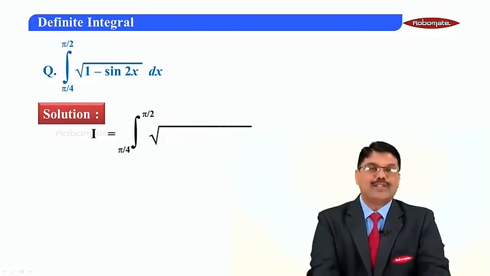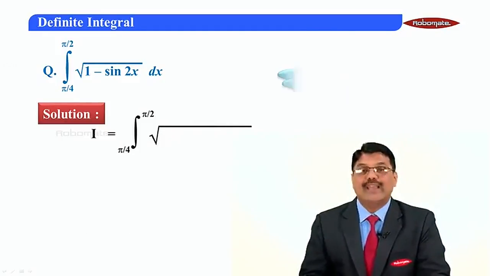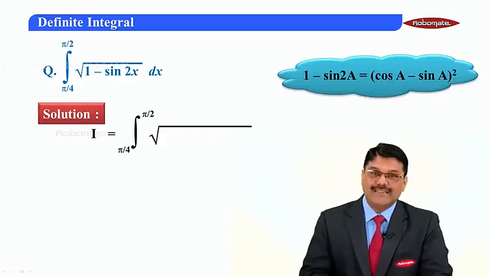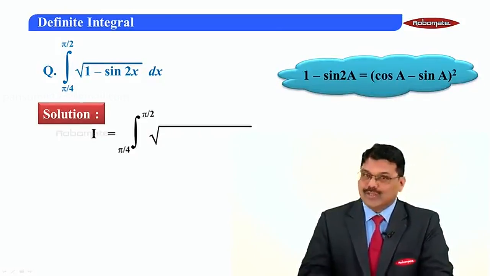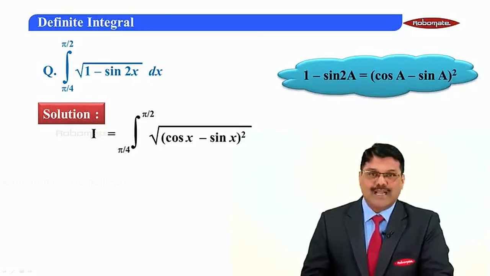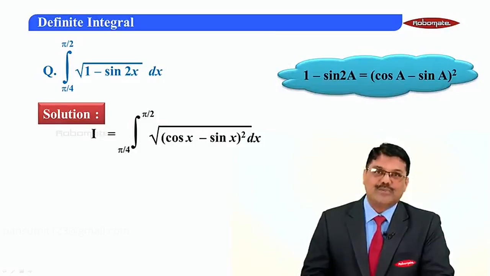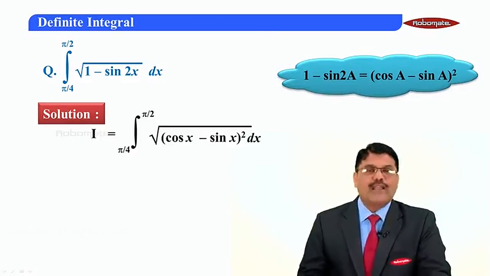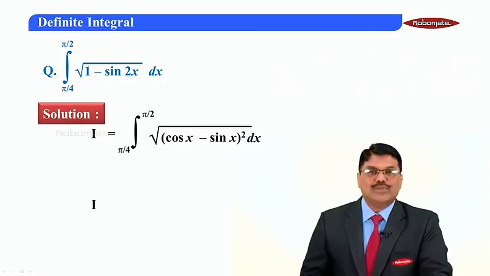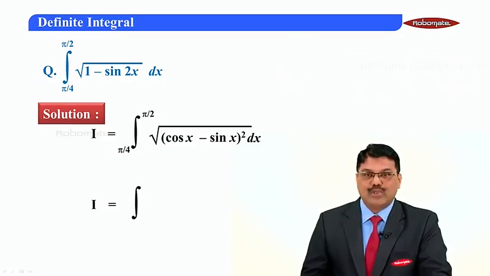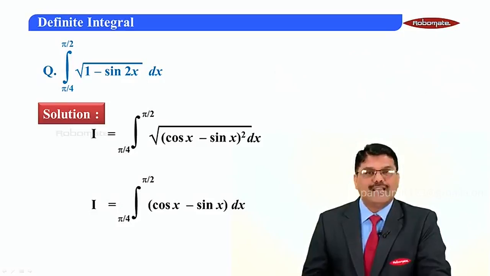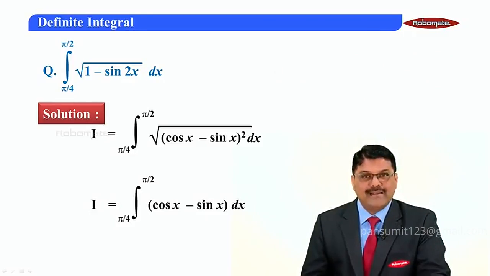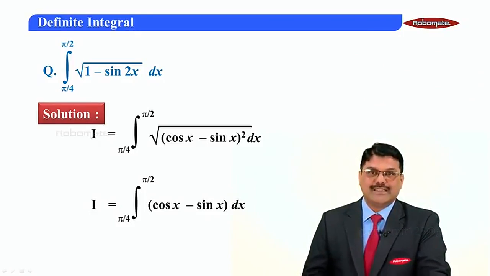Students, what's the trigonometric formula? 1 minus sine 2a is cos a minus sine a the whole square. So shall I substitute here? Cos x minus sine x the whole square with respect to x. This square and square root will get cancelled, so that your integration I becomes integration from pi by 4 to pi by 2 of cos x minus sine x, the whole bracket, with respect to x.